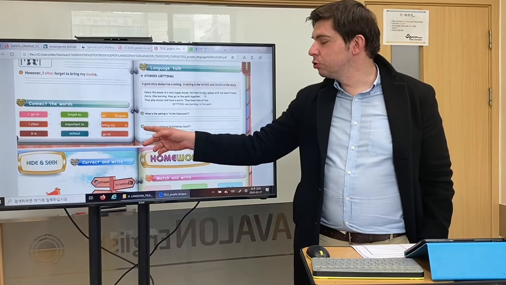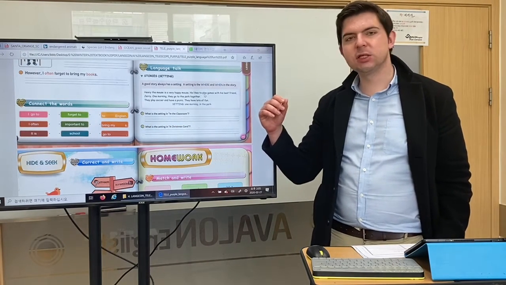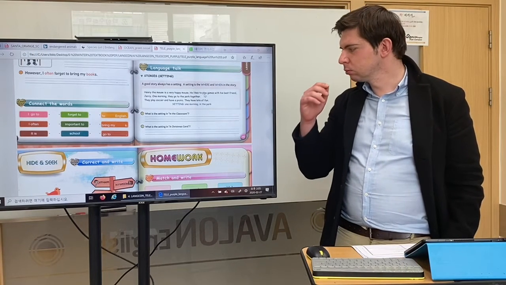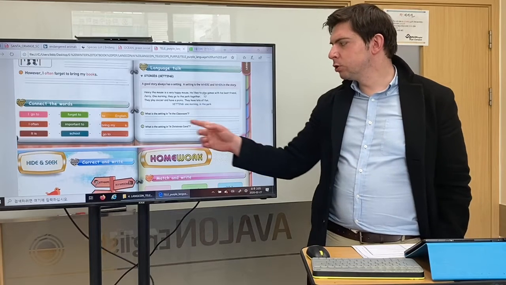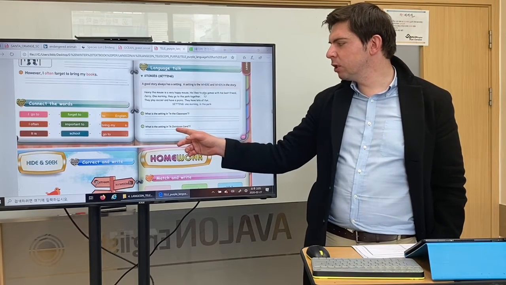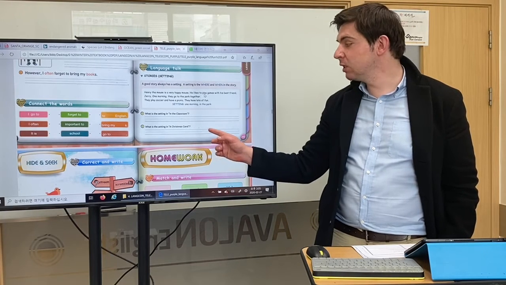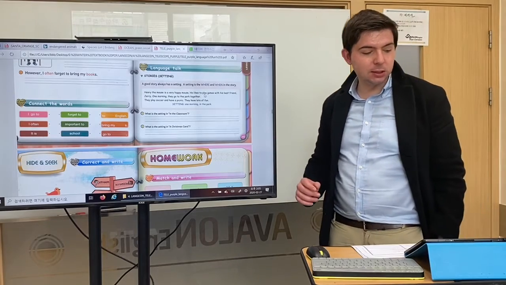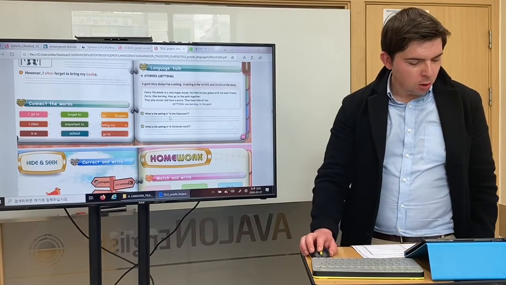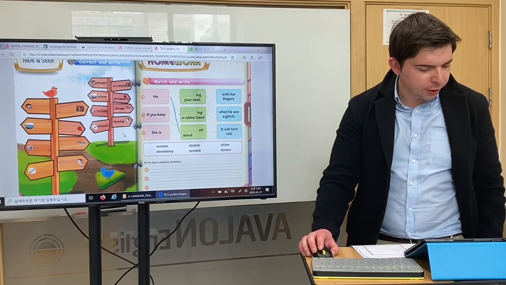Good. And 2, what is the setting in A Christmas Carol? Scrooge's office and house. Okay, so the setting in A Christmas Carol is Scrooge's office and house. And that would be a complete sentence. Okay, so one more page and then you have your homework.